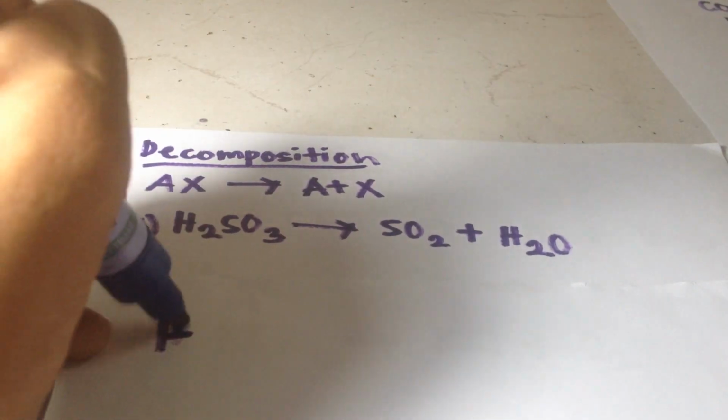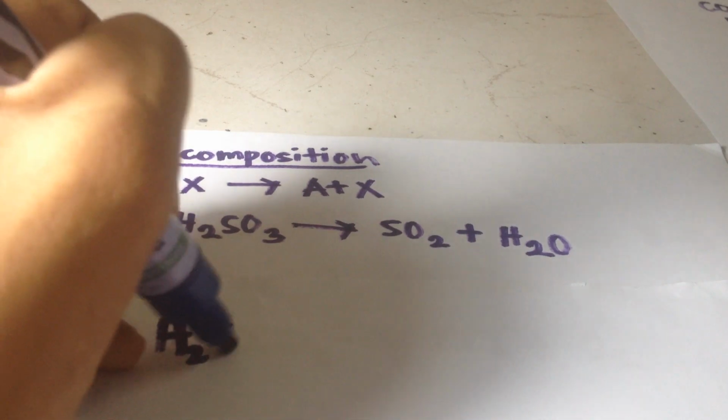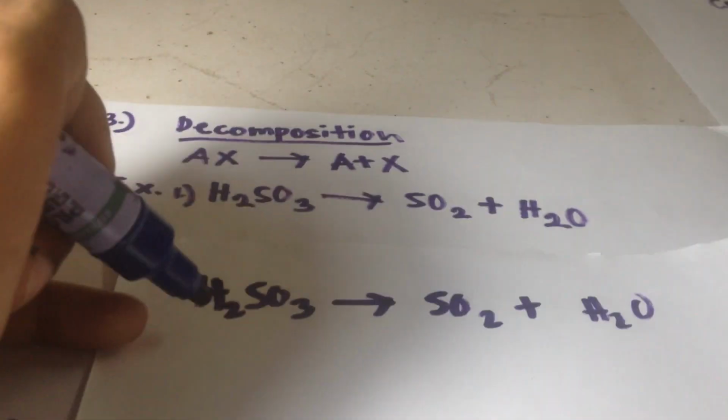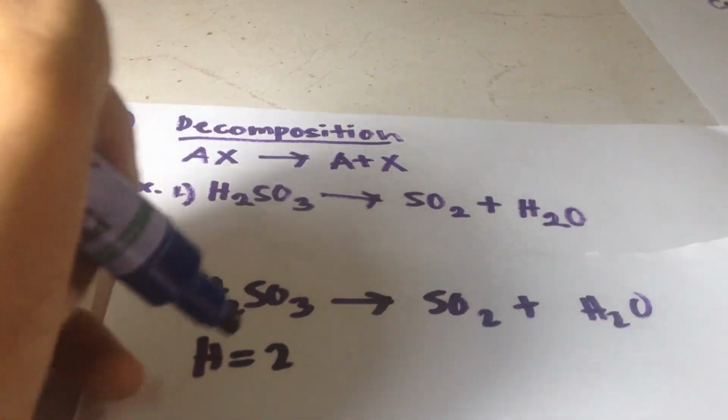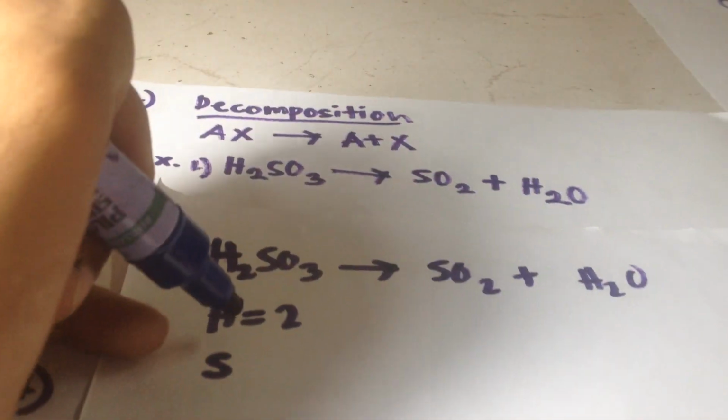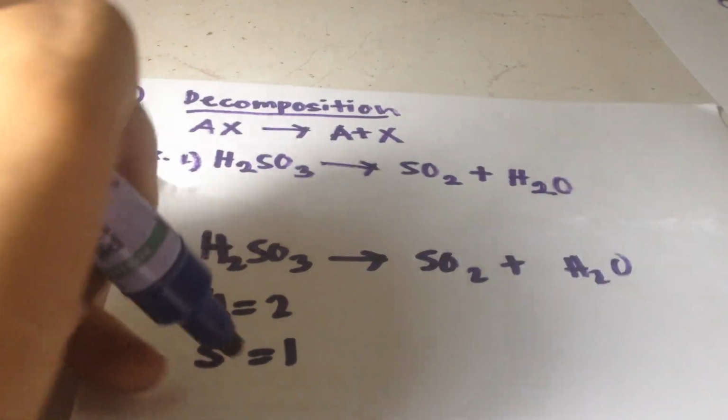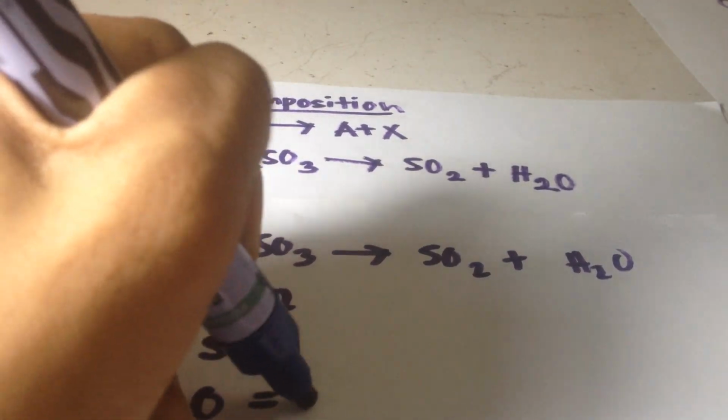Write the chemical reaction first. H2SO3 reacts to sulfur dioxide plus water. Hydrogen has 2 subscript, sulfur has 1 subscript, and oxygen has 3 subscript. How about the other side?